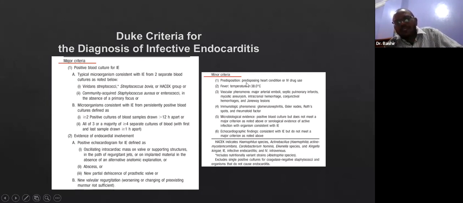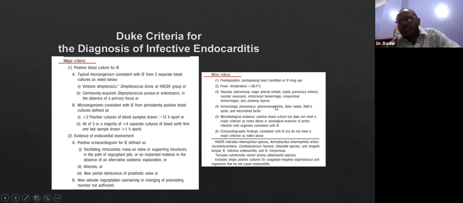The minor criteria: first, a predisposing heart lesion or heart condition, or IV drug use; fever; vascular phenomena, like major arterial emboli, septic pulmonary infarct, mycotic aneurysm, intracranial hemorrhage, conjunctival hemorrhage, and Janeway lesions.